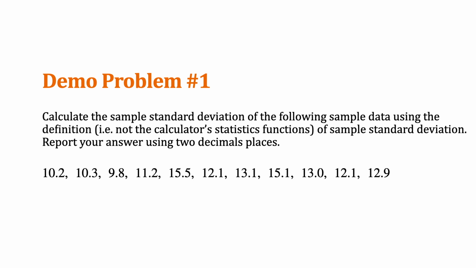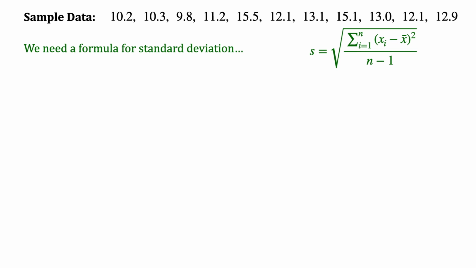And so we have our sample data here. We have 1, 2, 3, 4, 5, 6, 7, 8, 9, 10, 11 data points. And we want to find the standard deviation for this sample. So the first thing we're going to need is a formula for standard deviation, which has been given to you and is this hideous looking thing here.